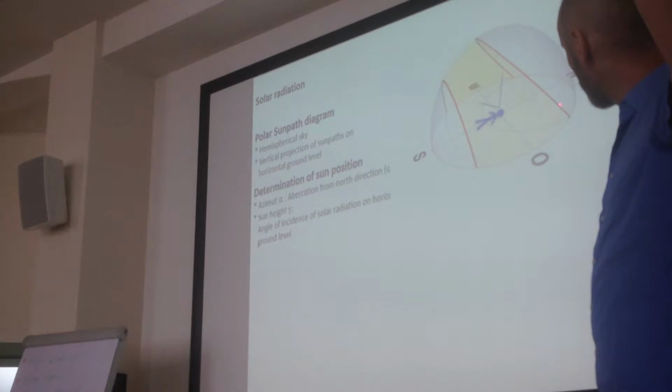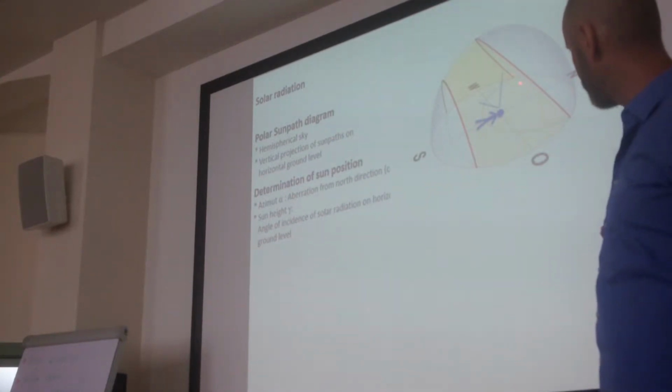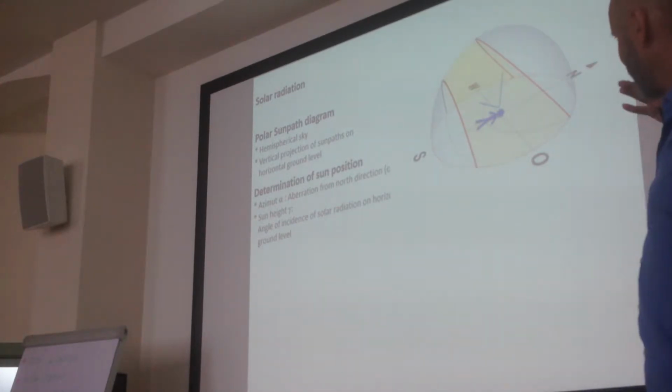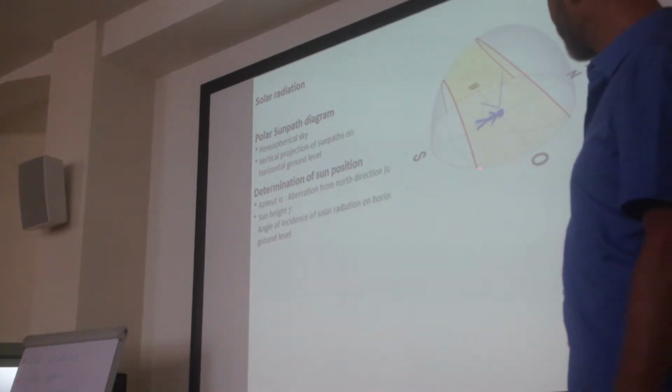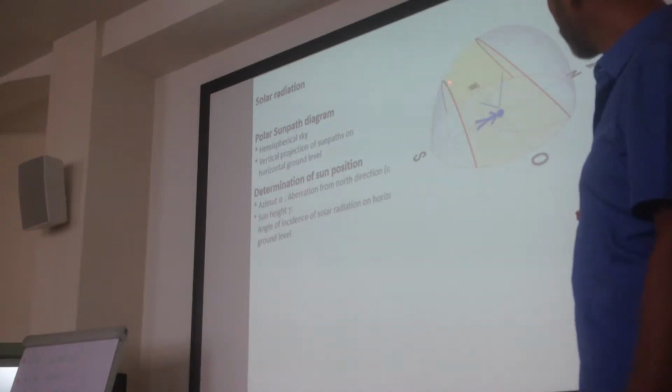It will take its course over the sky and it will set here in the northwest. Yeah? When you are lying there on the 21st of December, at the beginning of winter, the sun will rise in the southeast. It will again take its course around the sky and it will set here in the southwest.